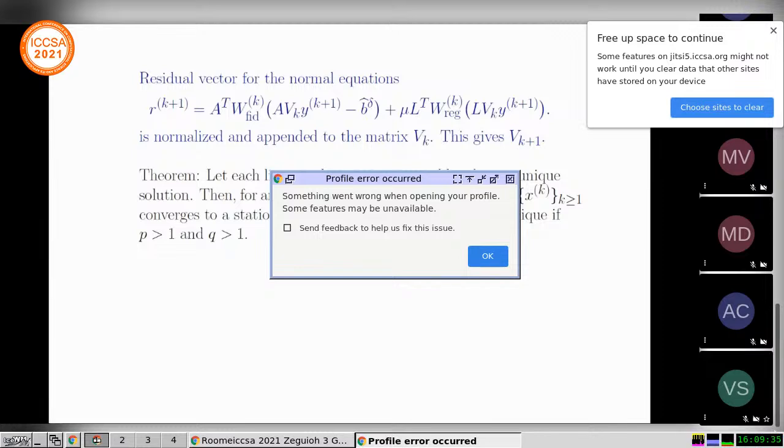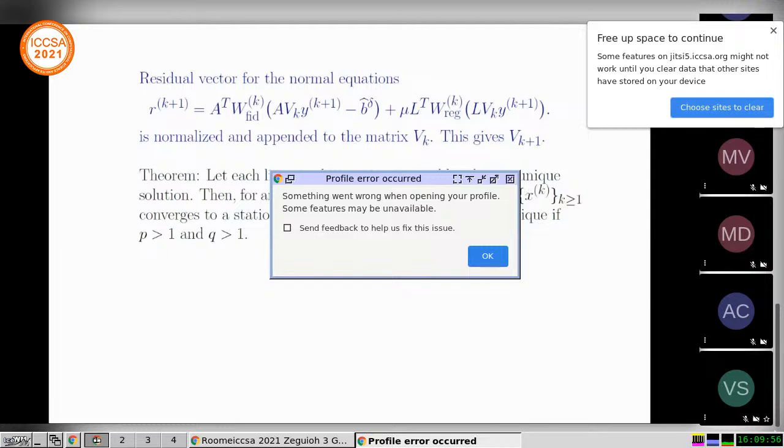Having the new approximate solution, we compute the residual vector for the full normal equations. That vector is then appended to the solution subspace. So this gives a new column of the matrix V. We call the new matrix Vk plus 1.